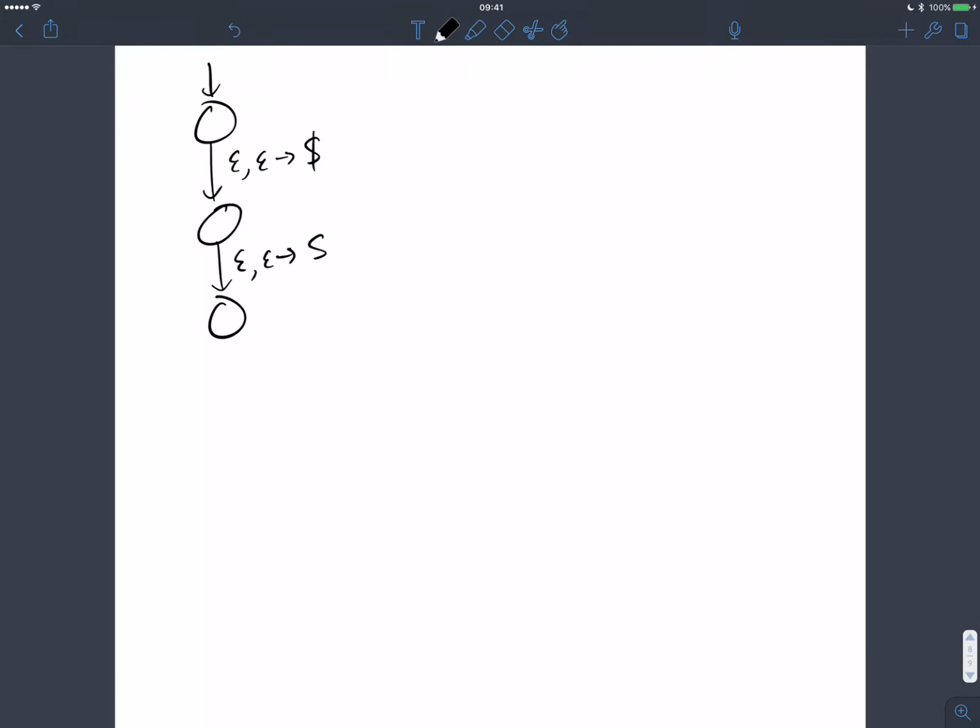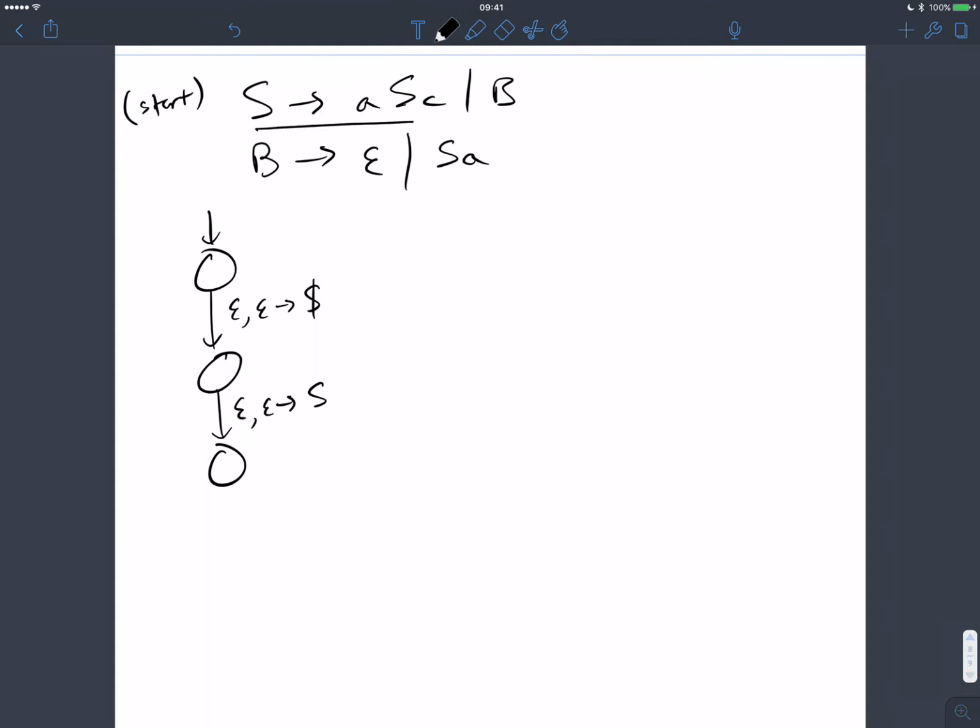So then let's do the first rule first. What do we got to do? We got to pop S off. Then we got to push C on first because we're doing backwards order.